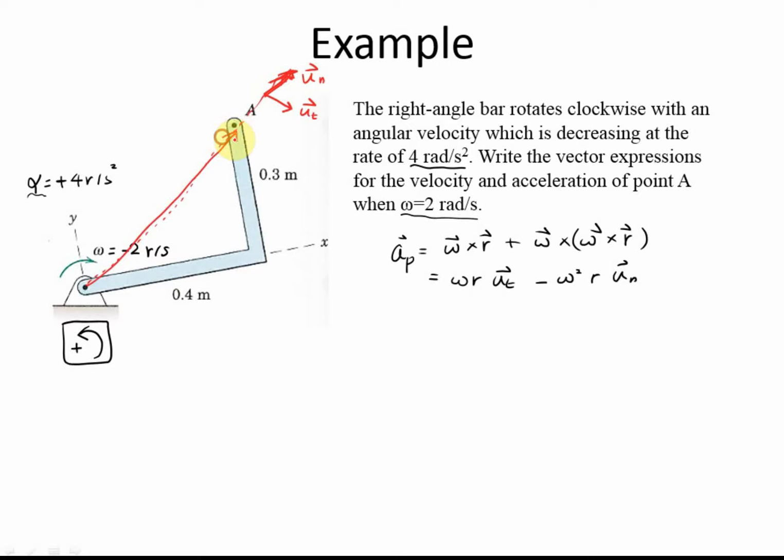So your r vector is 0.4 i and 0.3 j, because this is my x and y at this given point. And then omega should be negative 2k.